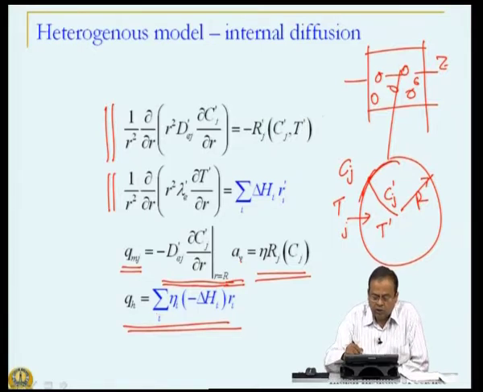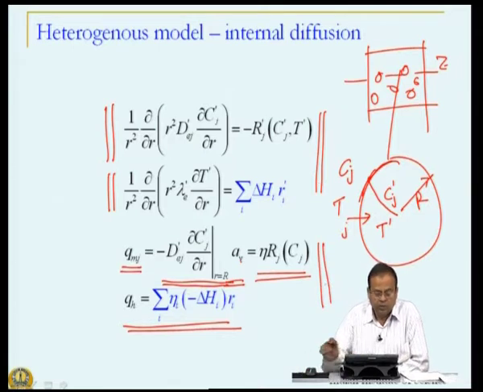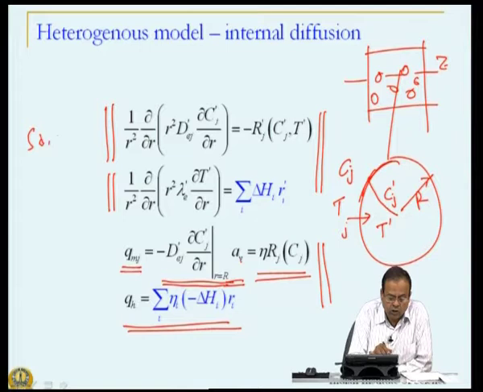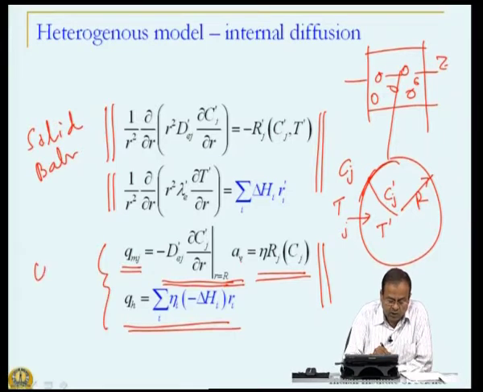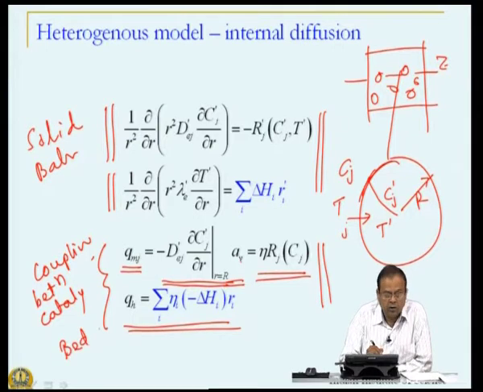So, we describe what is happening in the solid and then couple it to what is happening in the bed. So, this is my solid phase balances and this is my coupling between the catalyst particle and the bed of the reactor.